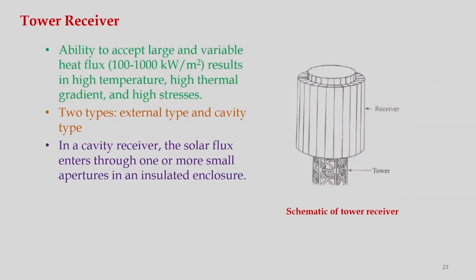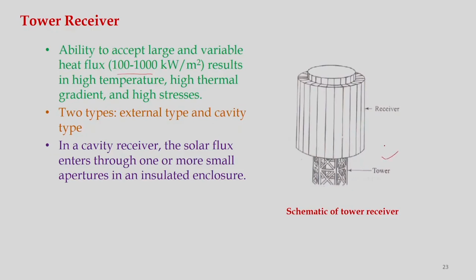So, if we talk about the receiver, which is a very important component of a central power receiver system, it has the ability to accept large variable heat flux. Okay. So, it must have the ability to accept heat flux in the range of 100 to 1000 kilowatt per meter square, which results in high temperature, high thermal gradient and high stresses. Okay.